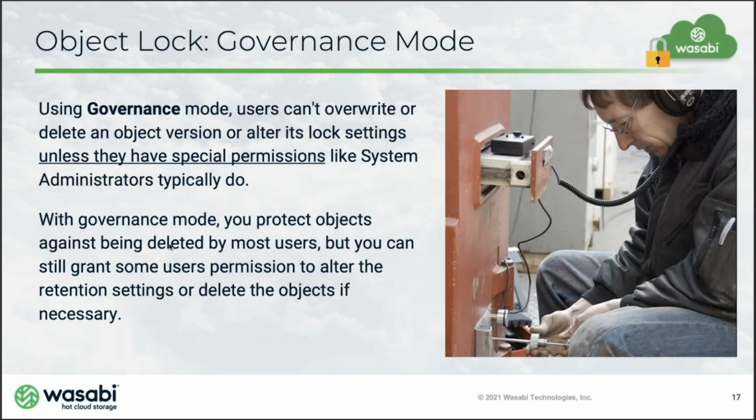I'm probably getting way too deep into the weeds here, but suffice it to say, there's a lot of flexibility. If you're just looking for one policy to rule all your objects by default, governance is probably where you want to look, because that gives you a little more flexibility in terms of who can or can't make any changes.